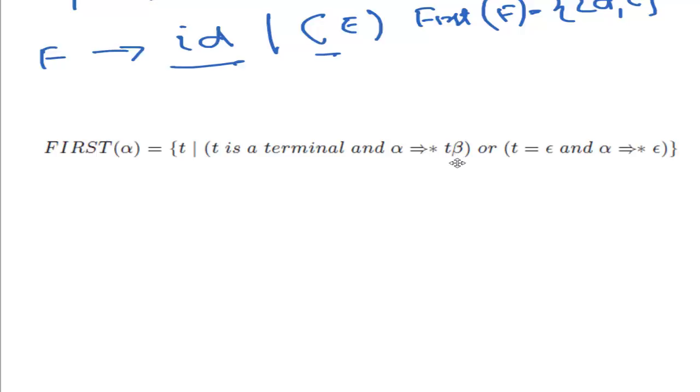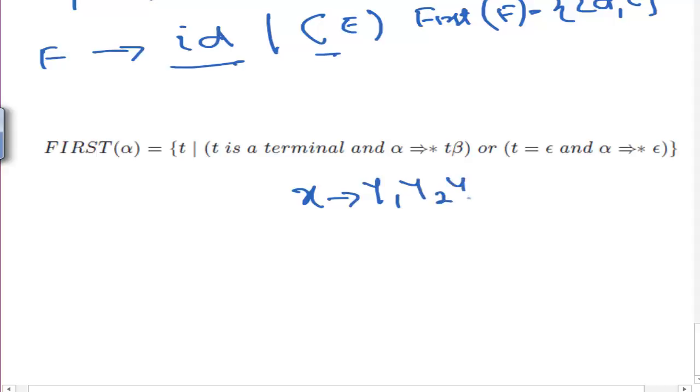For example, if we have a form alpha goes to X1 X2 X3 X4, and if X1, X2 and X3 go to epsilon, then X4's first may be the t. If you're not getting it, let me put it like this. Say X1 goes to Y1 Y2 Y3 and so on up to Yk.